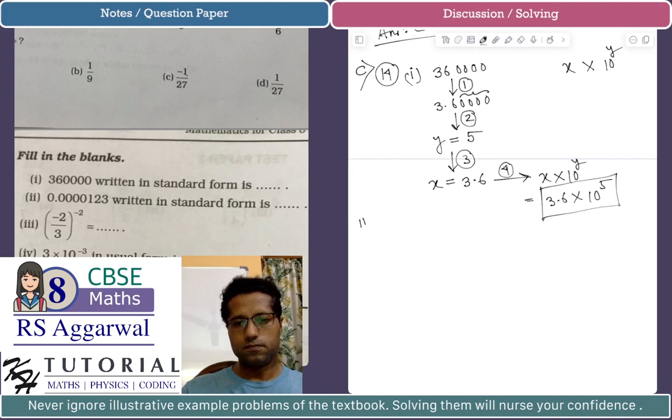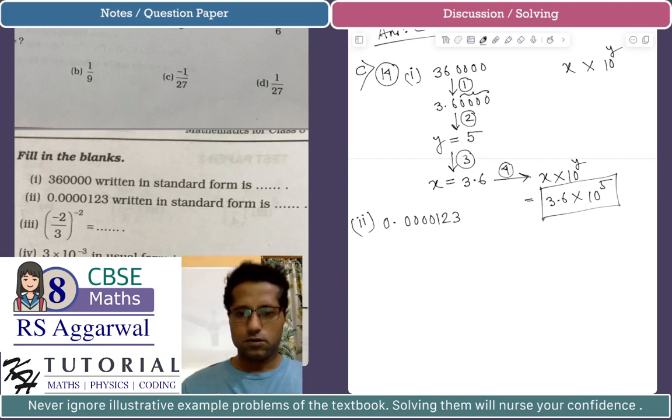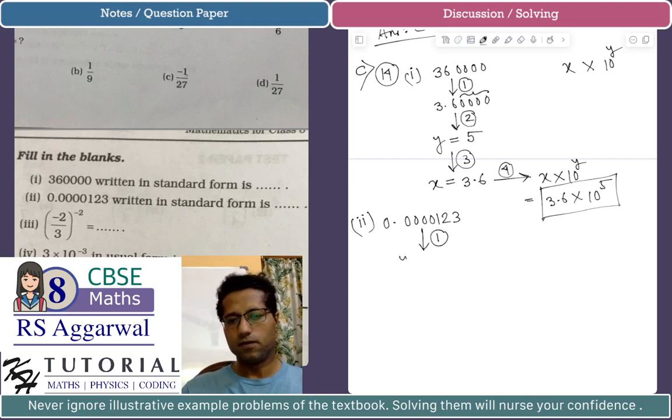Part 2. We are given a very small number, 0.0000123. We have to convert this to standard form. Step 1 is to find y. What is y? Y will be the number of digits to the right hand side of the decimal point up to the first non-zero digit.